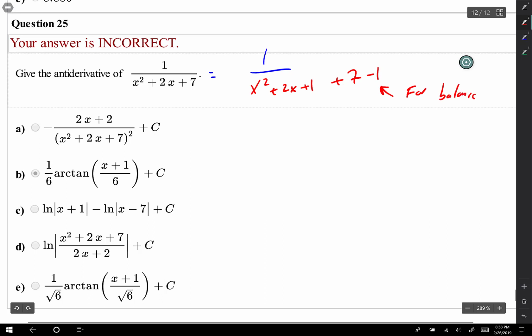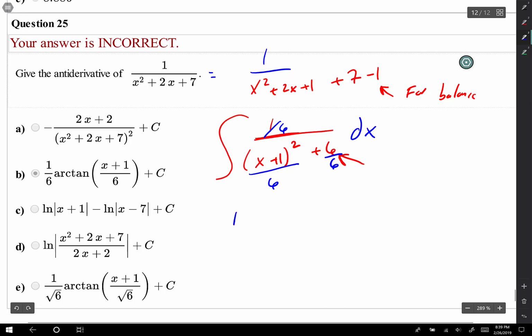Okay, so now this turns to that. So now I want this 6 to be a 1. So you do that by dividing by 6, dividing by 6, dividing by 6. See? So now everything's still the same.